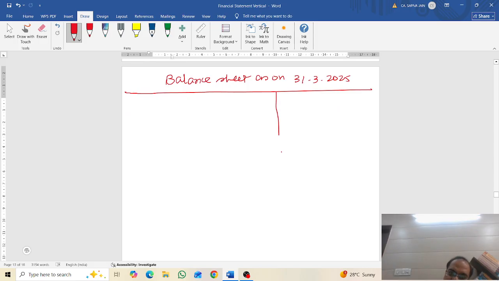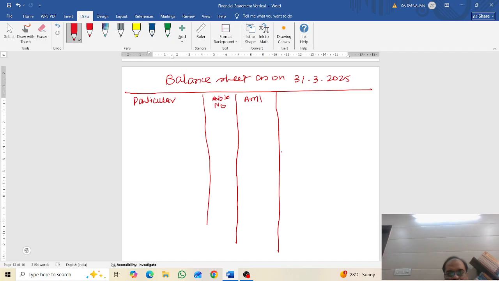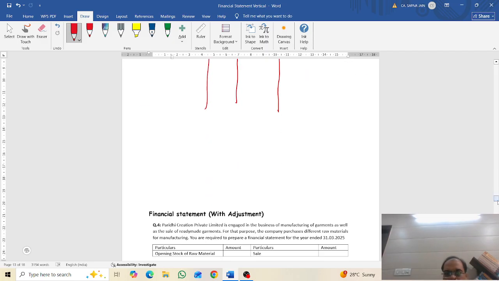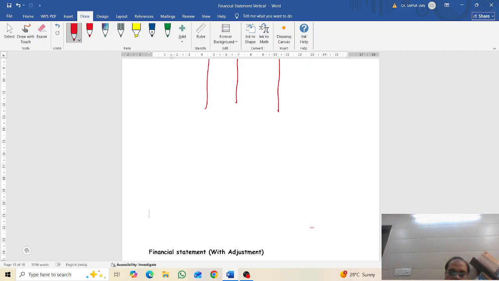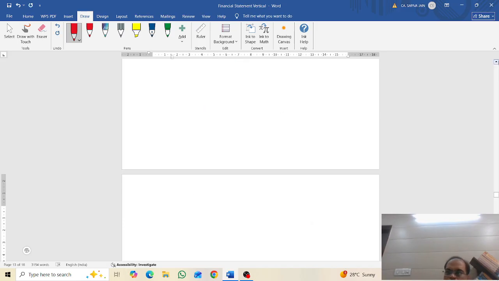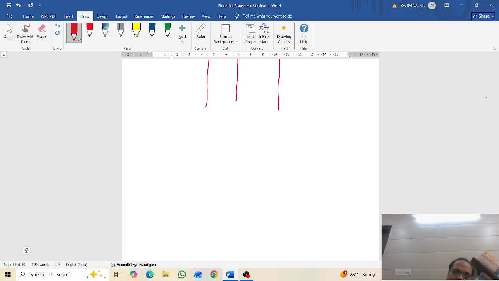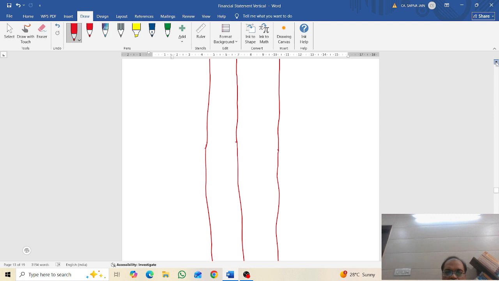This portion is for note number, here particulars, note number, and the third one is amount.